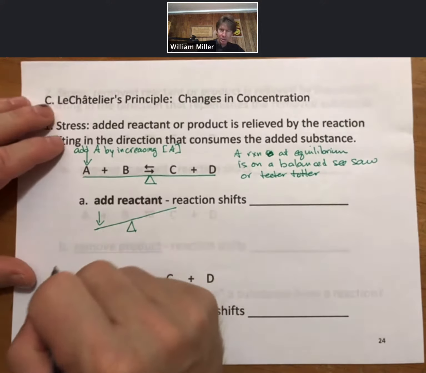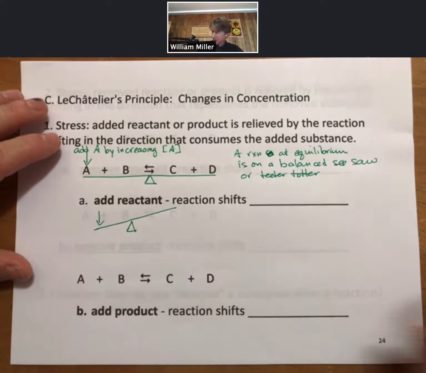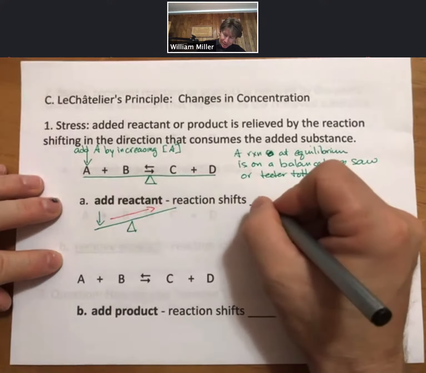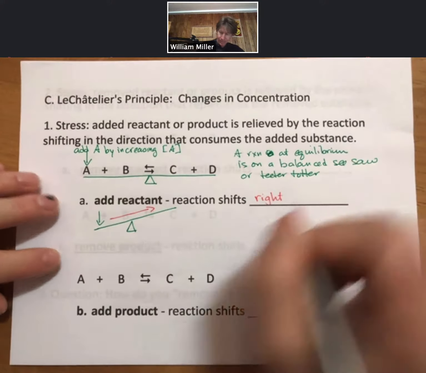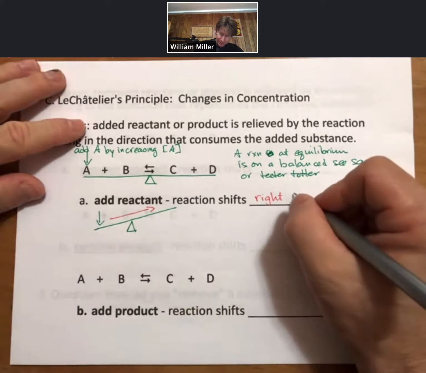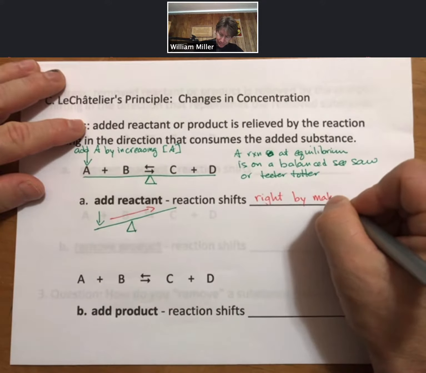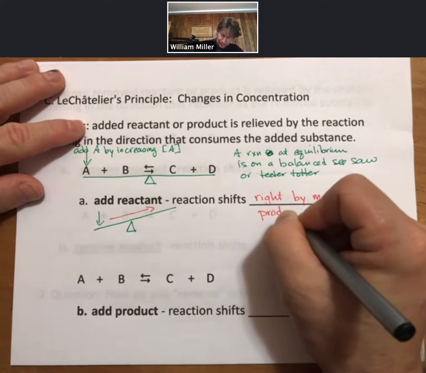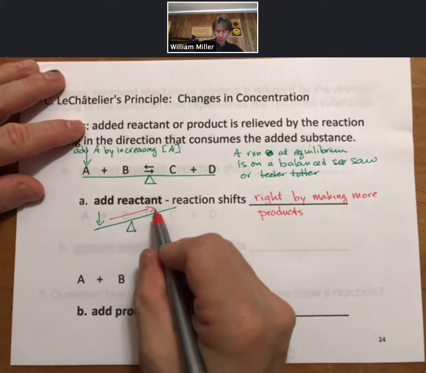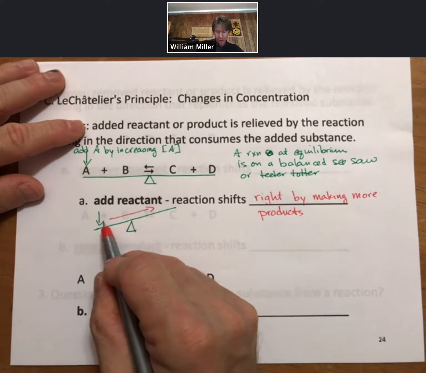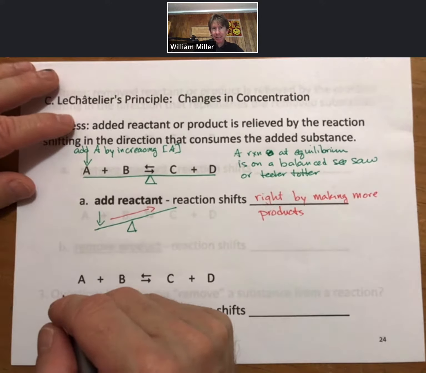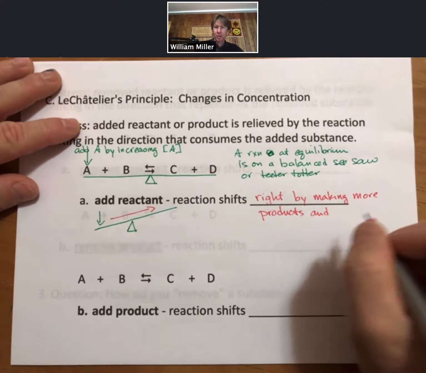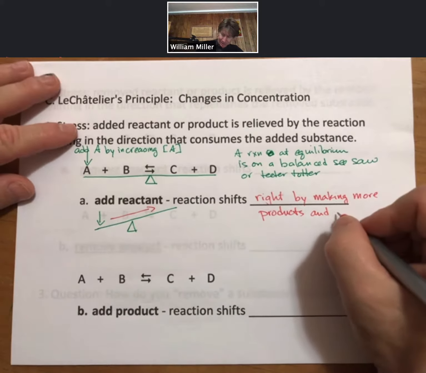In order to reestablish equilibrium, the reaction must shift right by making more products. Making more products also takes away some of the reactants. That's what doing the reaction does: making more products and reacting away some reactants.